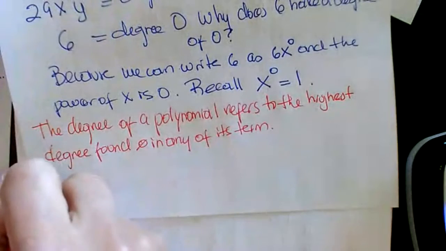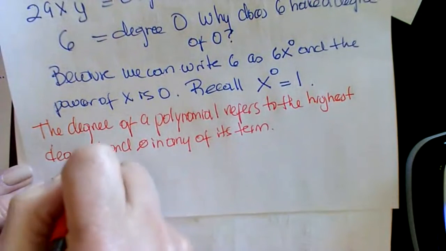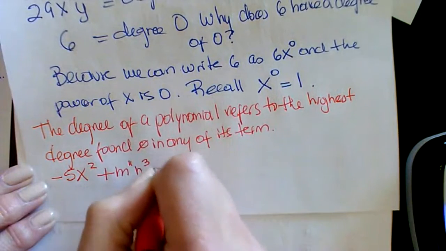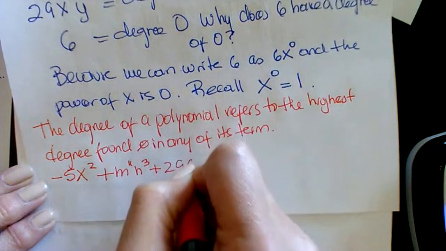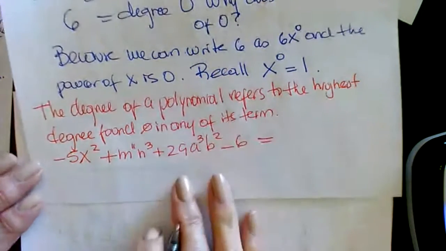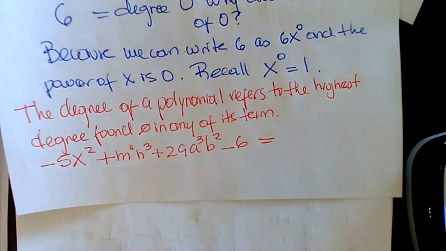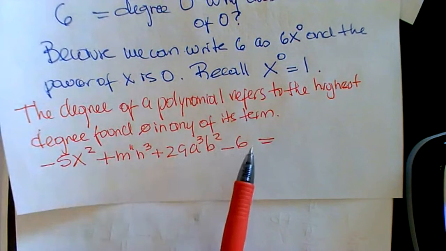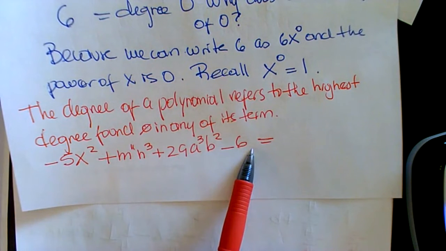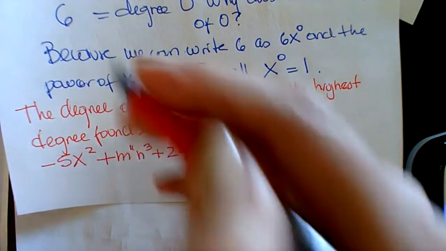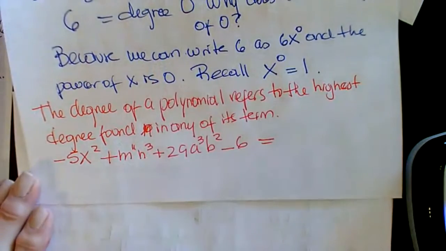So if I have, let me write this down. What's the degree? The definition says that the degree of this polynomial refers to the highest degree found in any of its terms.